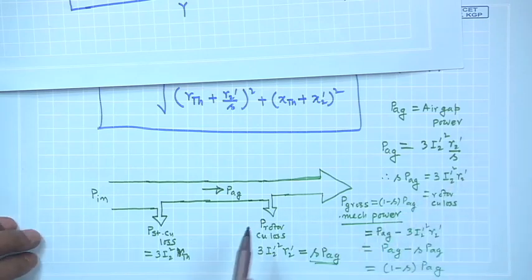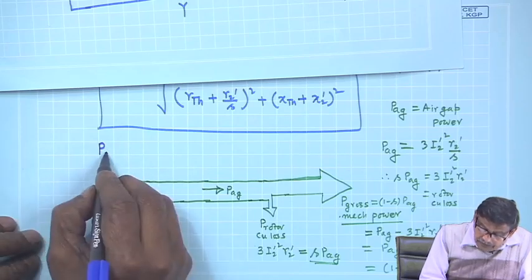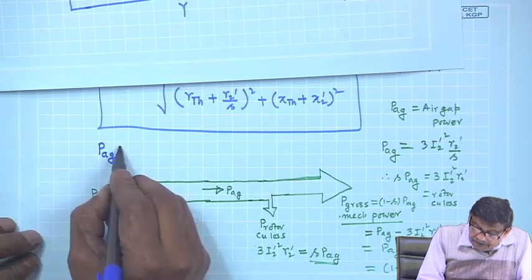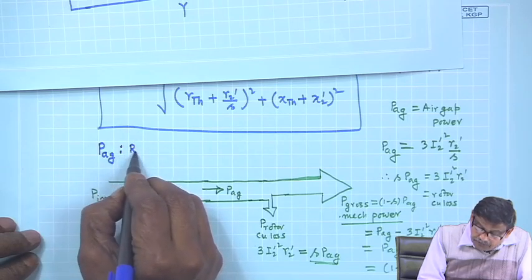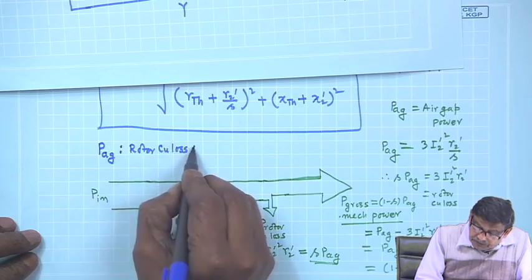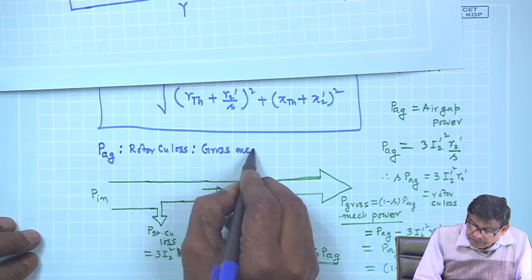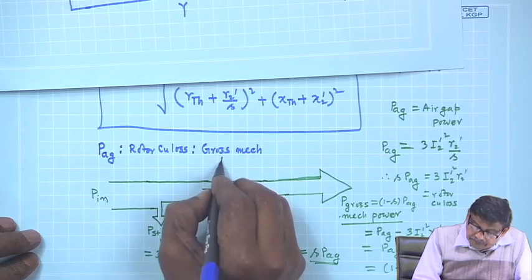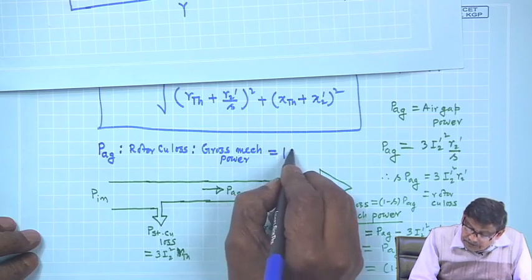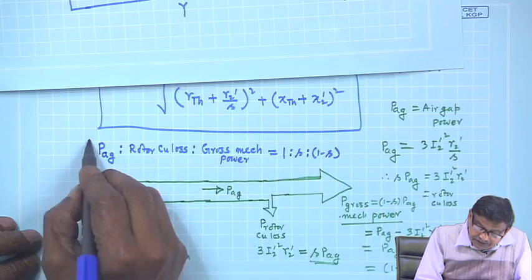This is the result I am telling you, an important result. In a 3-phase induction motor, PAG is to rotor copper loss is to gross mechanical power developed will be 1 is to S is to 1 minus S. This is an important result.